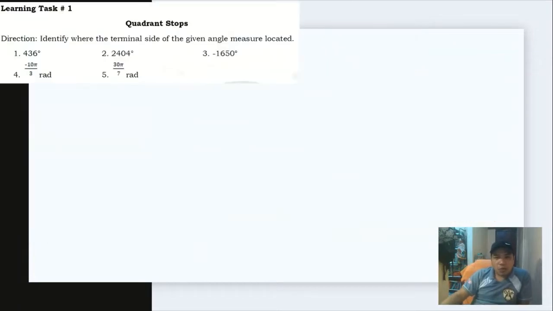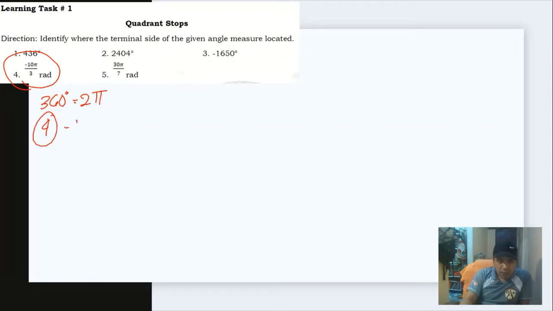Okay? For number 4, we are using radians, and 360 degrees is equal to 2 pi. So, negative 10 pi over 3 all over 2 pi. This will give us 10 pi over 6 pi.